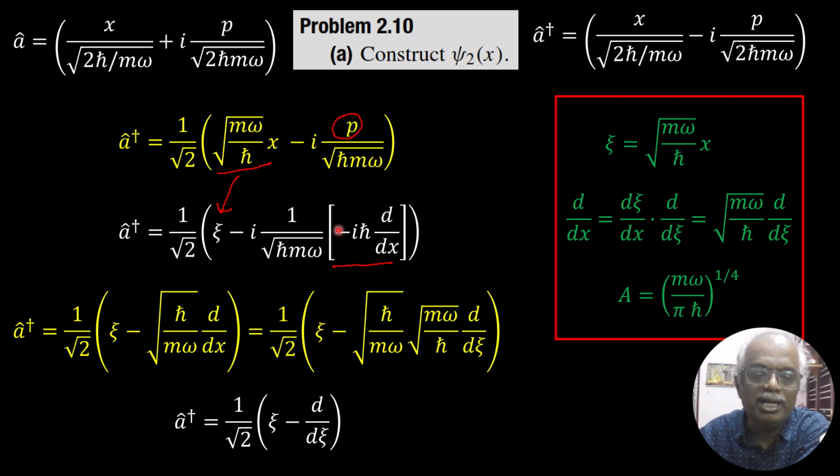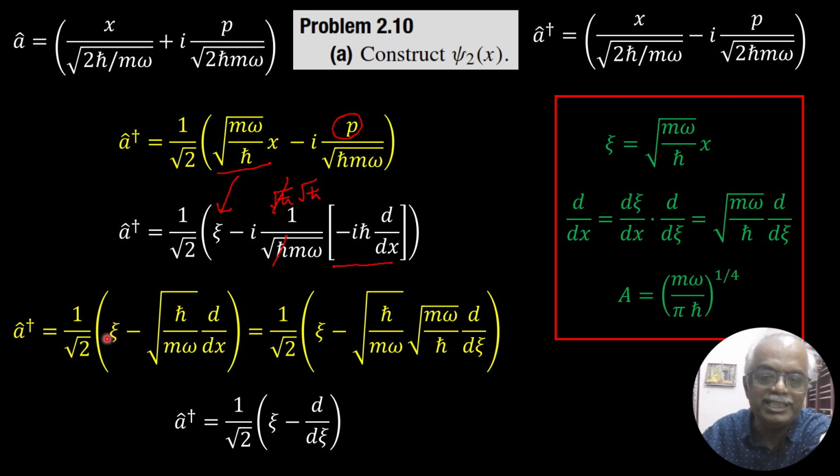Now this ħ you bring out. ħ can be written as the square root of ħ times the square root of ħ. So one square root of ħ will cancel. So this will become minus the square root of ħ over mω d/dx. Now here x I am going to bring as z.